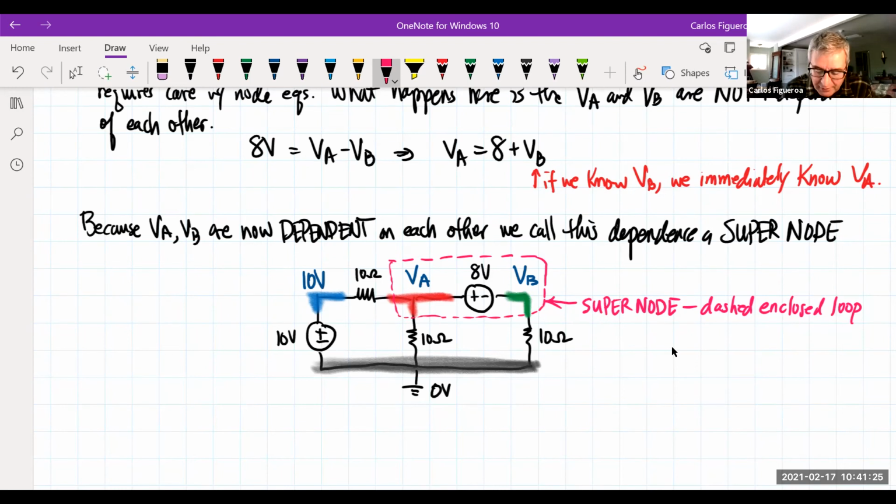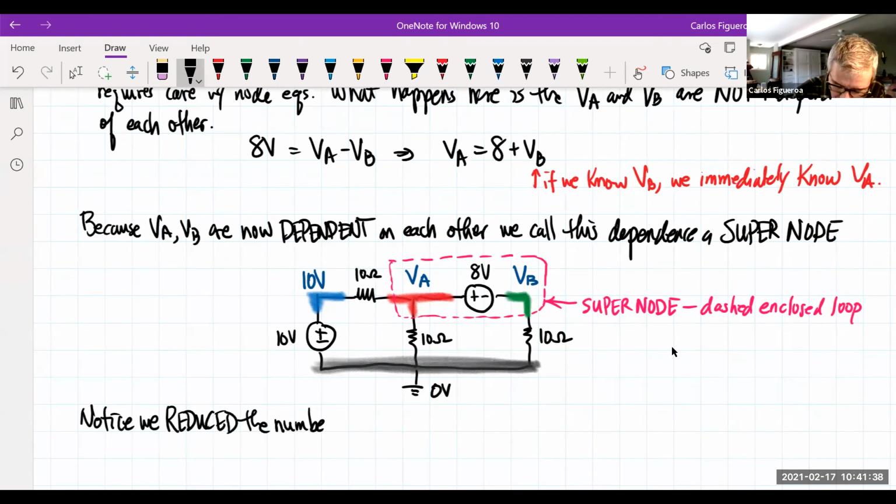So what we're doing here is that, notice, we've reduced the number of required unknown node voltages.